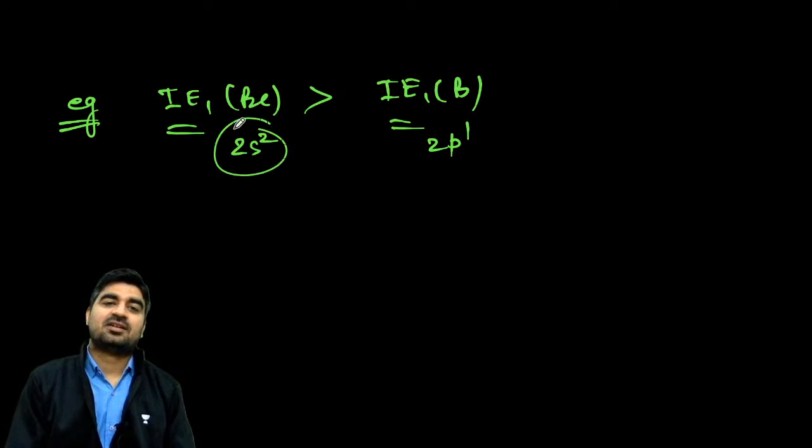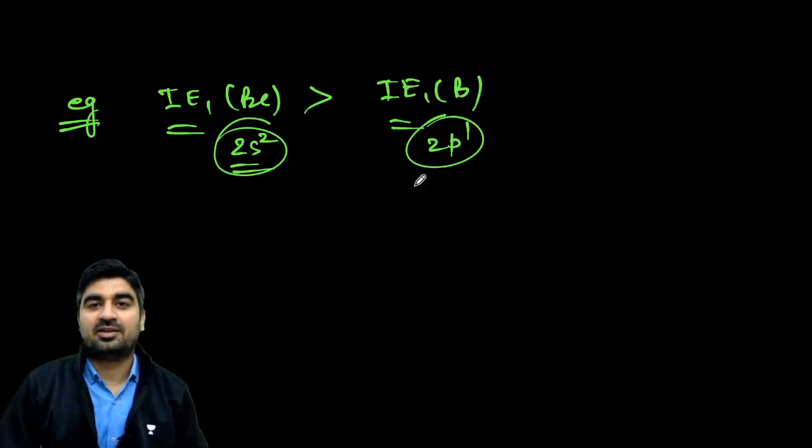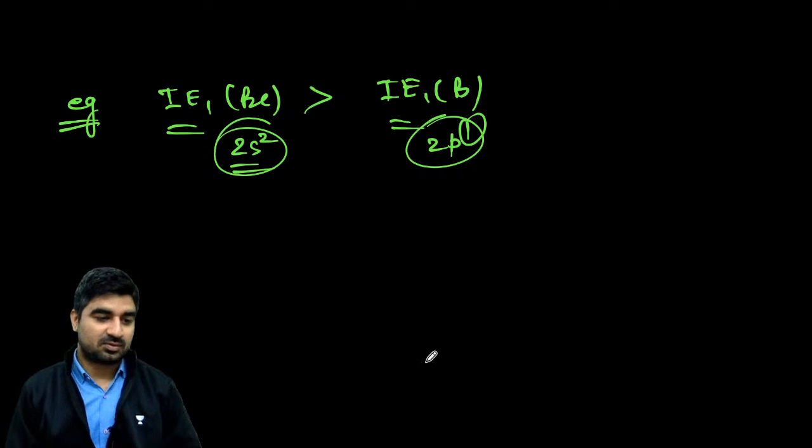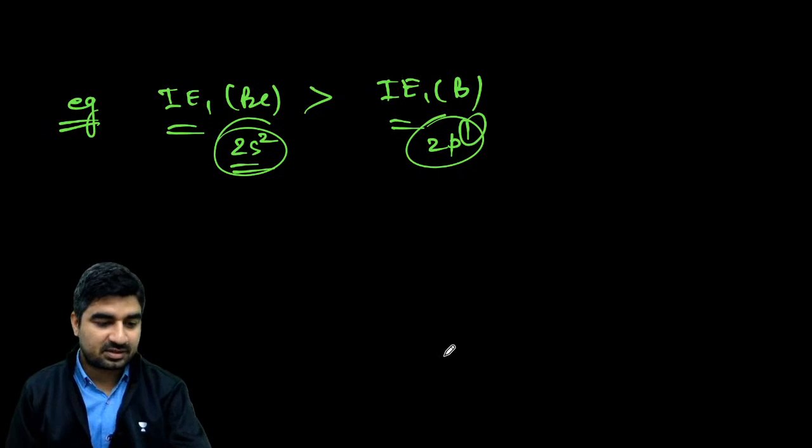We have just done it because in beryllium we have to remove the electron from S and in boron we have to remove it from P. So the attraction in the S will be more.